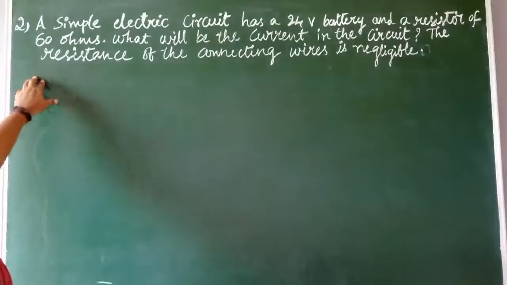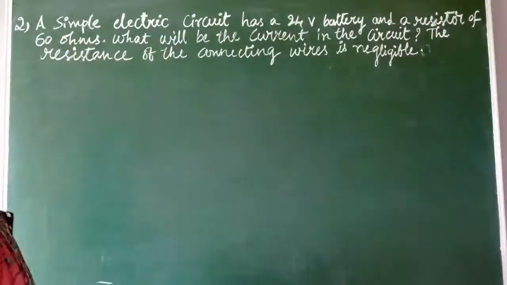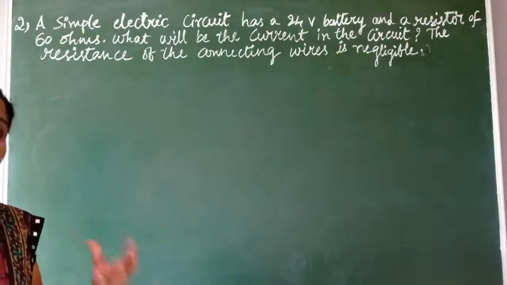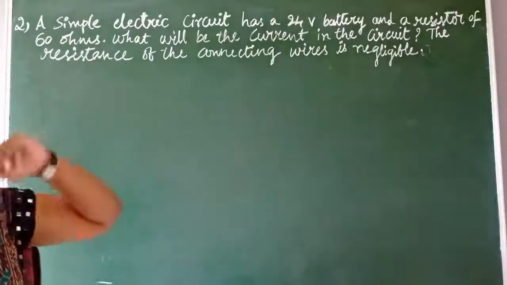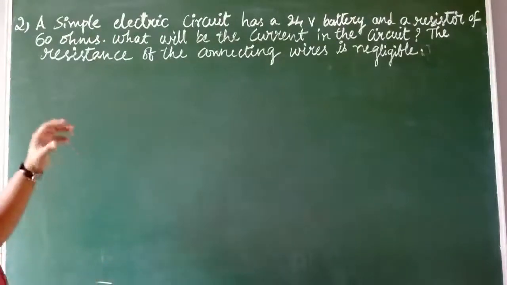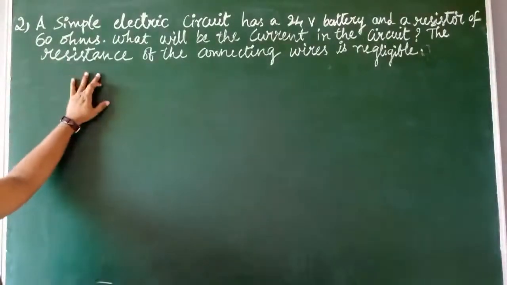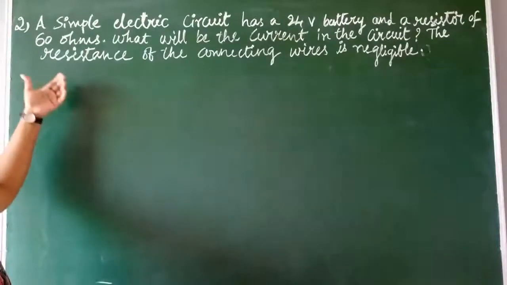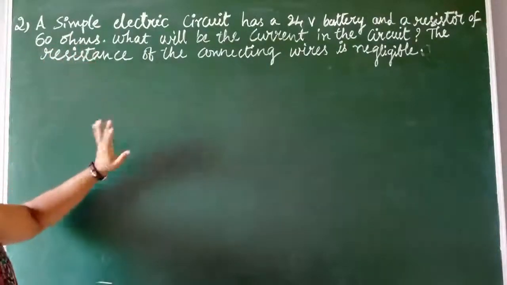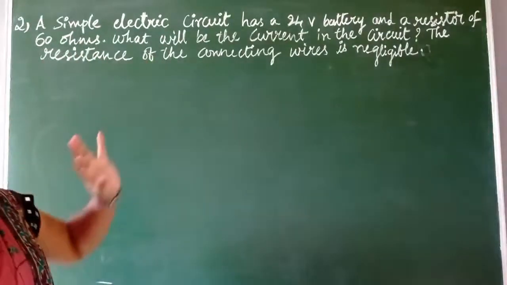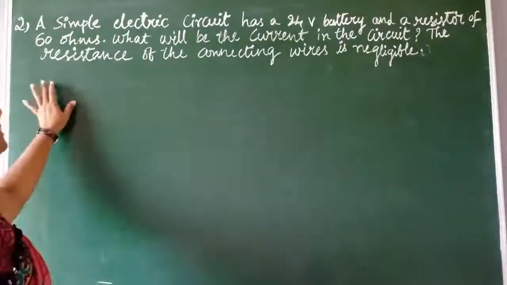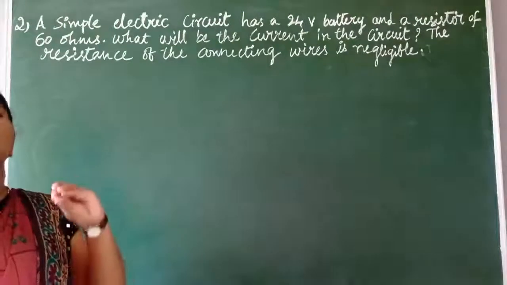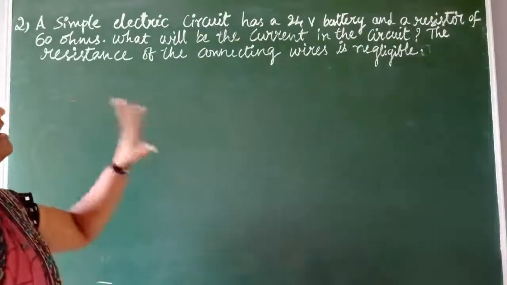One more problem: a simple electric circuit has a 24 volt battery, which means the potential difference here is 24 volts, and a resistor of 60 ohms, that is, the resistance of the resistor is 60 ohms. What will be the current in the circuit? The resistance of the connecting wire is negligible, very small.